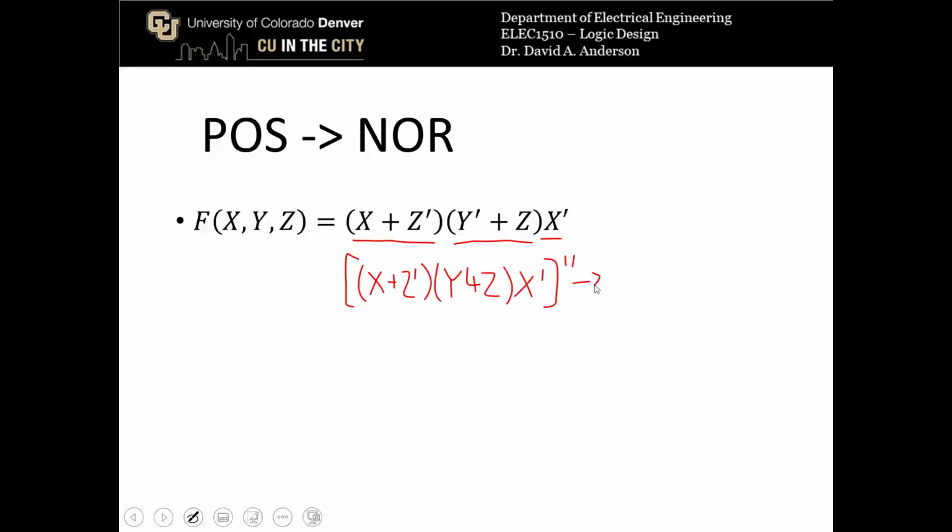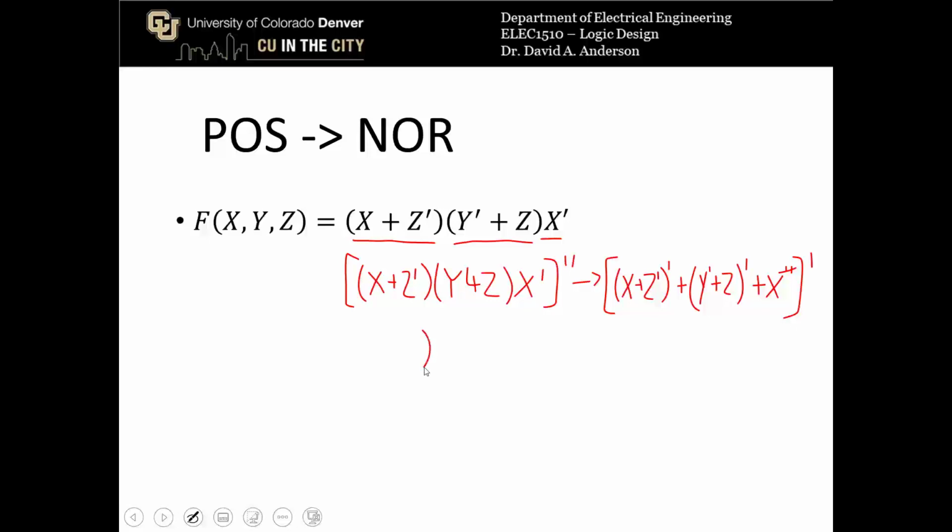Now when I apply DeMorgan's theorem, I distribute one of those complements inside the brackets and change the operation. So I will get (x or z')' or (y' or z)' or x'', and the double prime on the x will cancel out. So now when I draw this as a circuit, you can see that every single operation is a NOR operation.